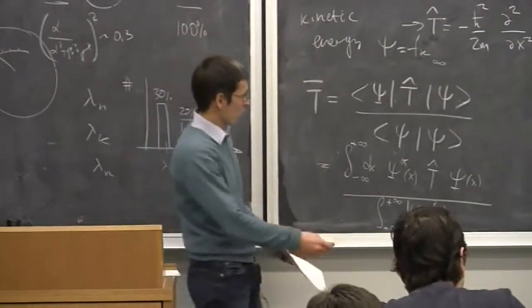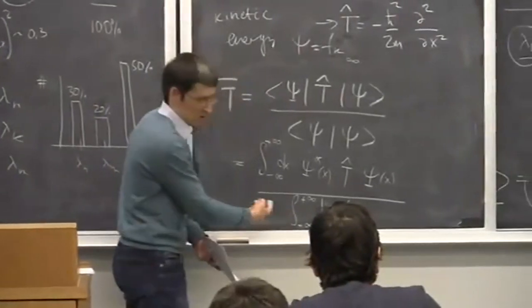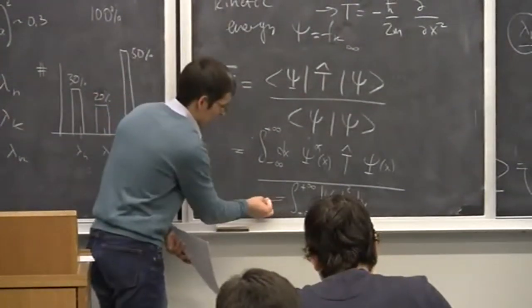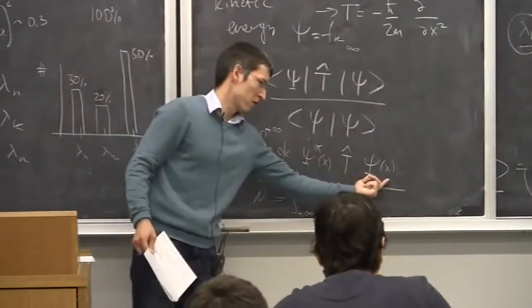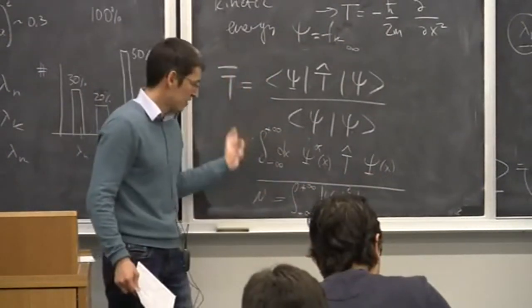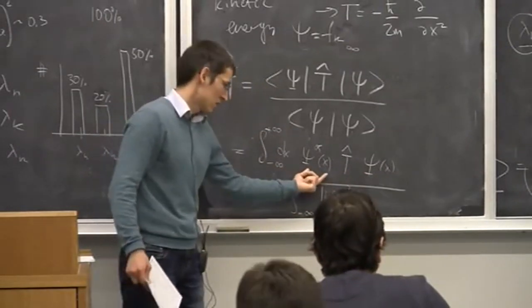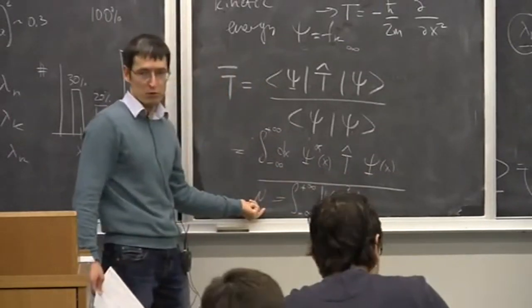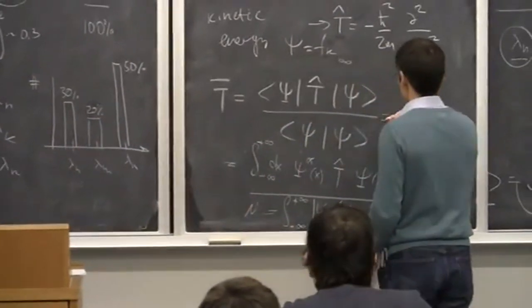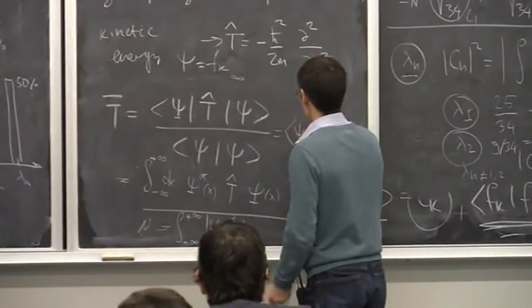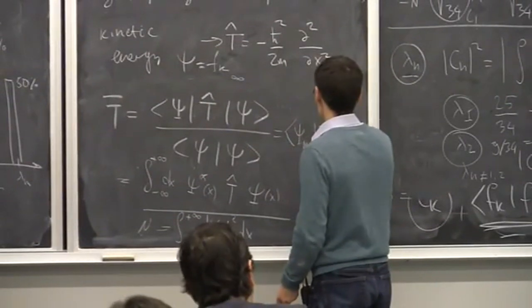Why? Because the denominator is just essentially n, right? And in the numerator we have two wave functions. You can think of this expression as each function being divided by the square root of n, right? And so this is pretty much the same as using the normalized wave function.